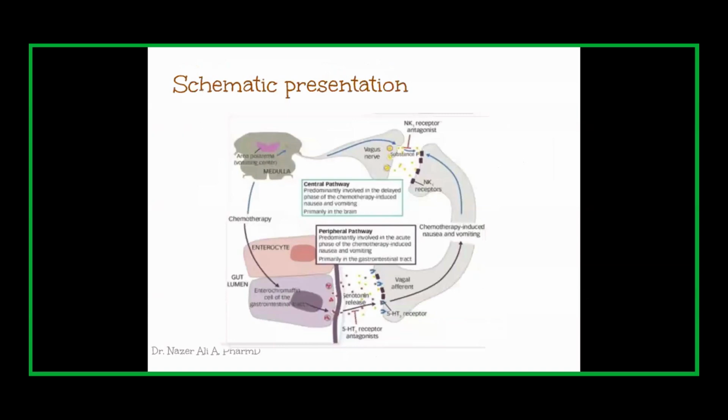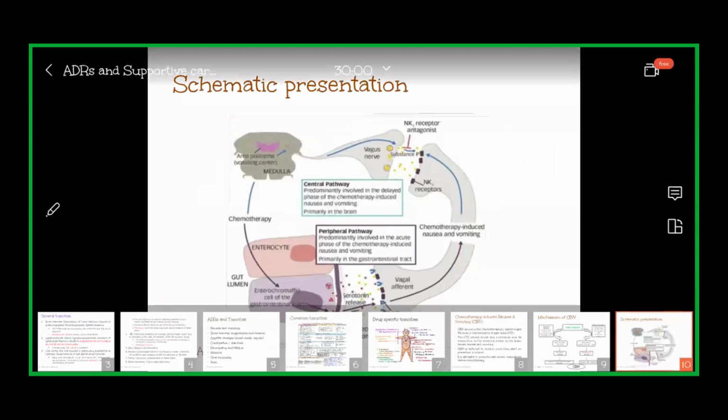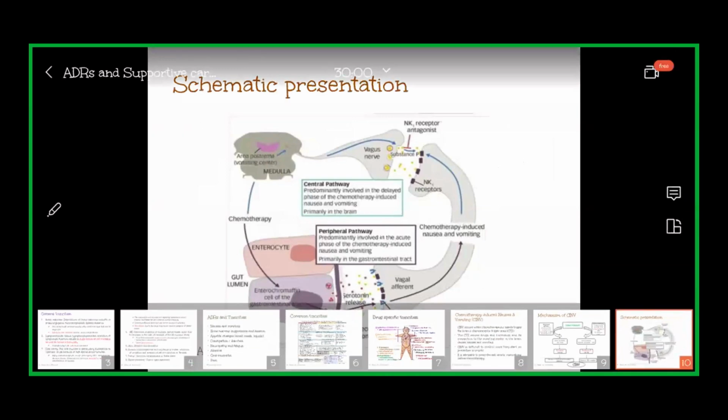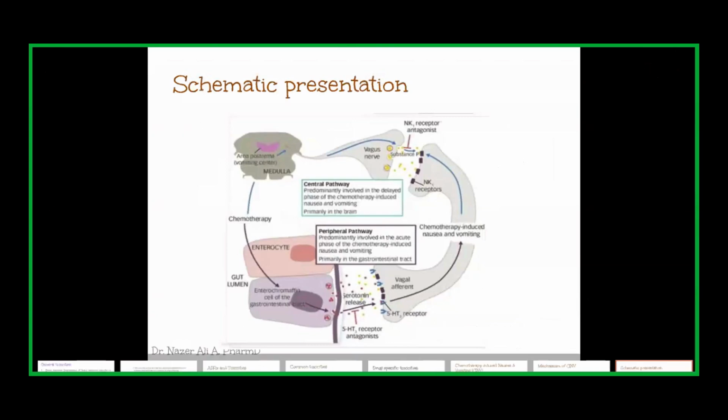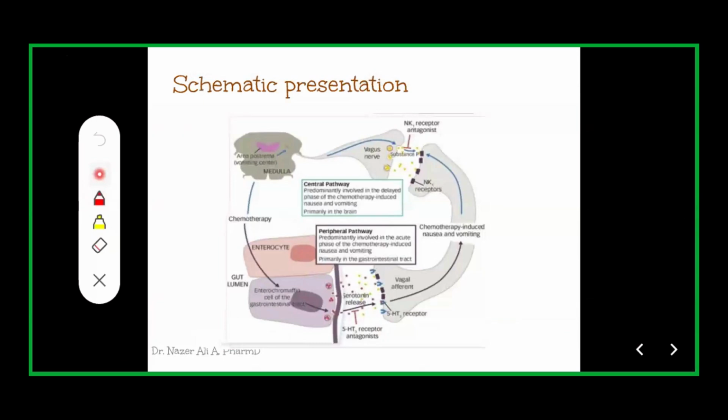The chemotherapy drug reaches the area postrema, there is a release of substance P, and substance P binds to the NK1 receptor, which leads to nausea and vomiting. Regarding the peripheral pathway, there is a release of serotonin from the enterochromaffin cell. Serotonin binds with the 5-HT3 receptor. As a result, there is nausea and vomiting.